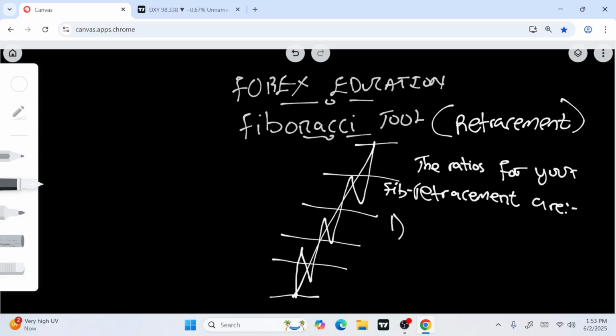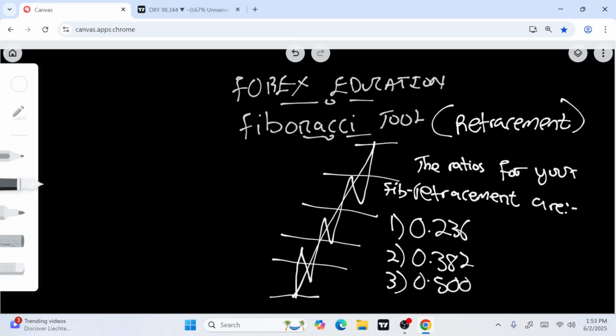1, 0.236, 2, 0.382, 3, 0.500, 4, 0.618. Then the fifth one, 0.764.